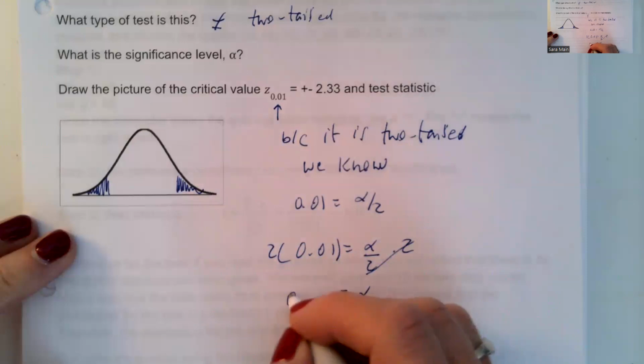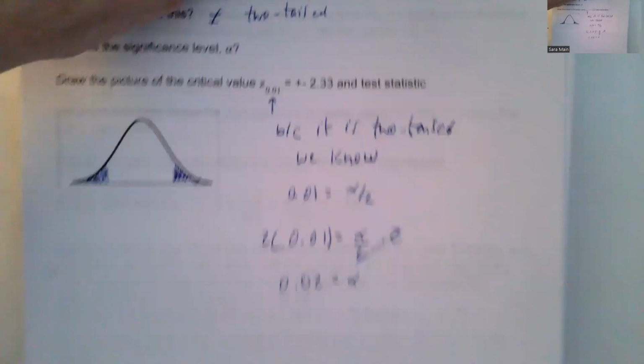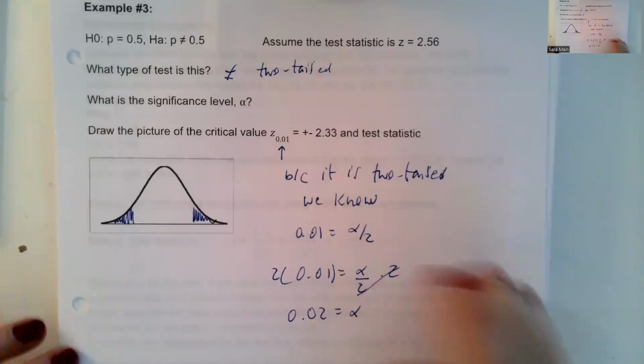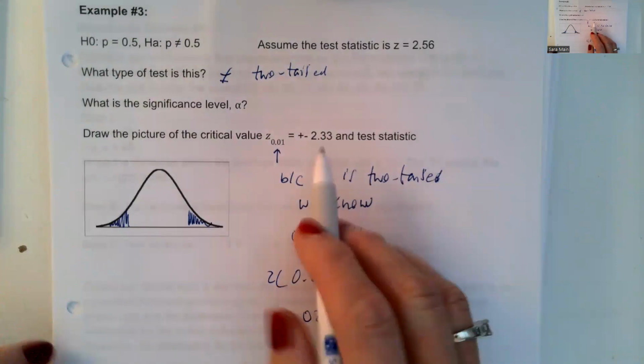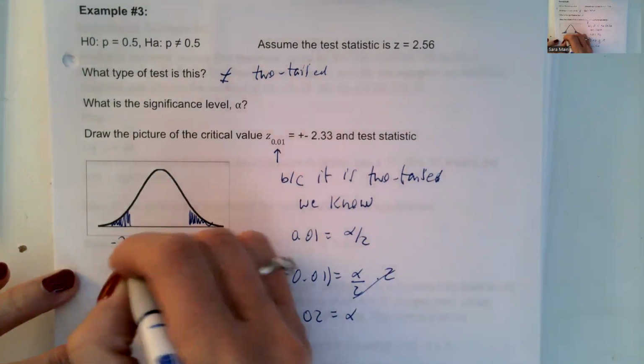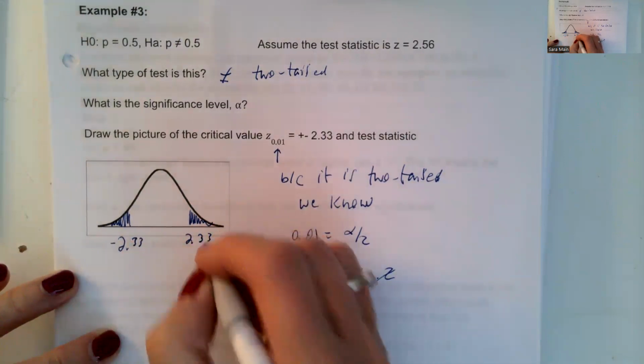So alpha in this case is actually 0.02. Okay, that's how I could find that if I wasn't given the alpha. And they found the critical Z value for us is plus or minus 2.33. So it's a negative 2.33 over here and a positive 2.33.